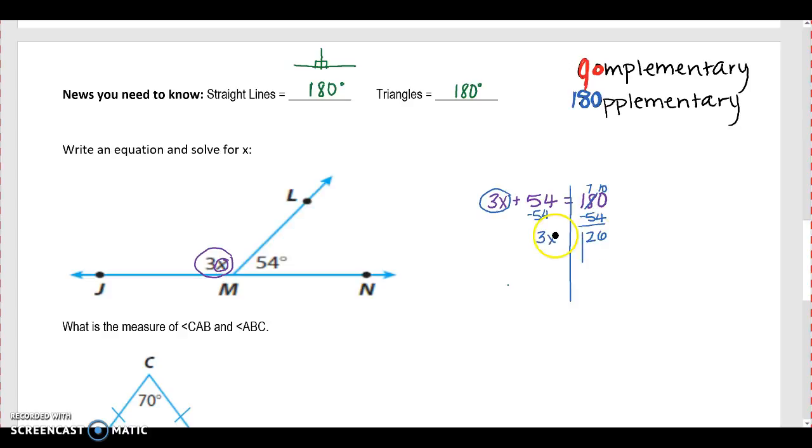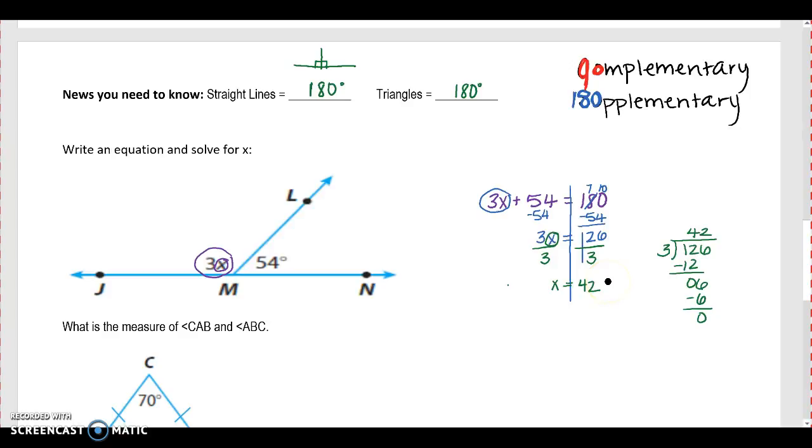So 3x equals 126. Now I need to get my x by itself, so I'm going to divide by 3 and do my math over here to the side. 3 times 4 is 12, 0 and 6. 2 times 3 is 6. 0, so x equals 42.